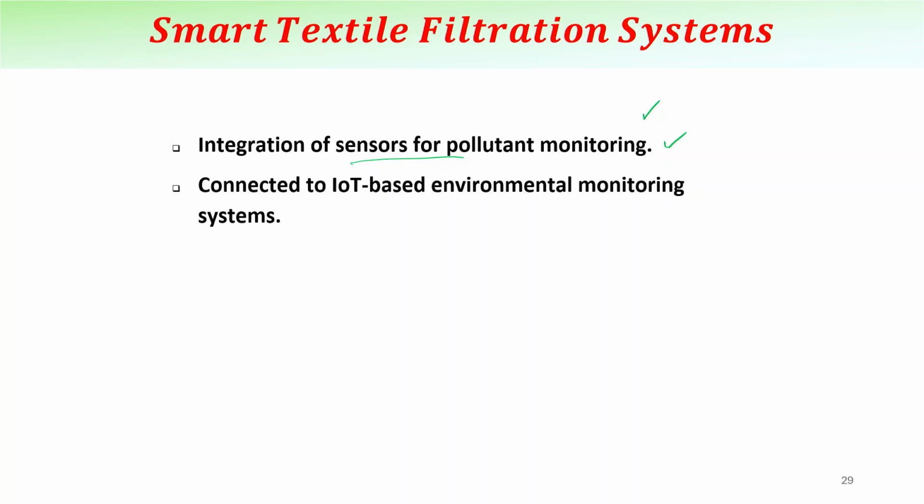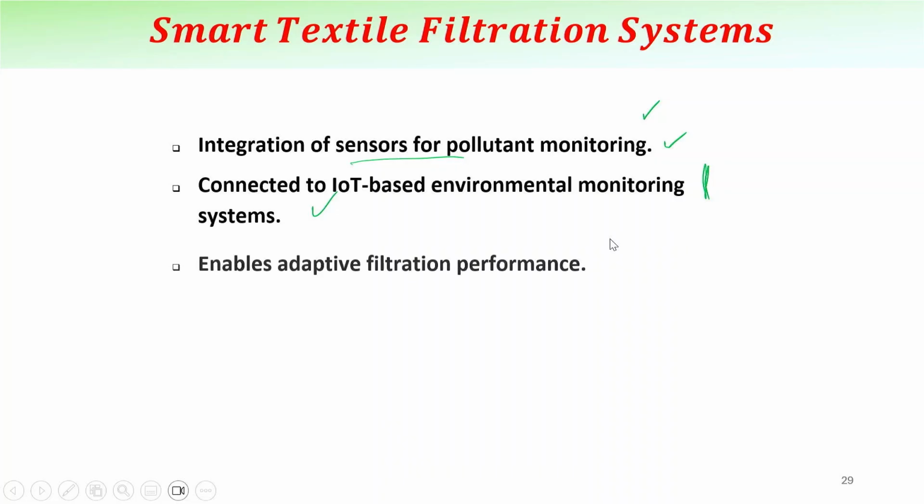So, IoT based environmental monitoring system. We can use it for water pollution. If we use an IoT based material system, then it will monitor the type of pollutants present in the water. Accordingly, we can use the suitable filter medium.